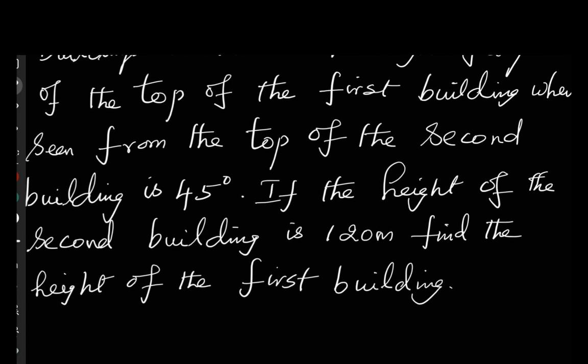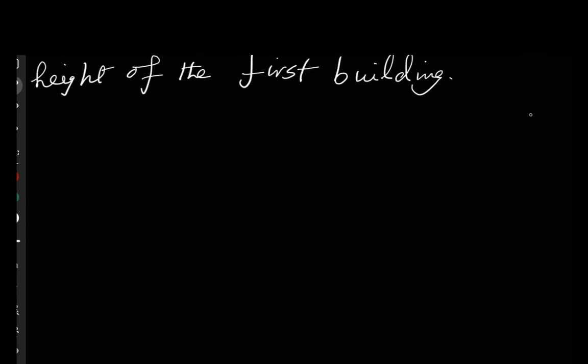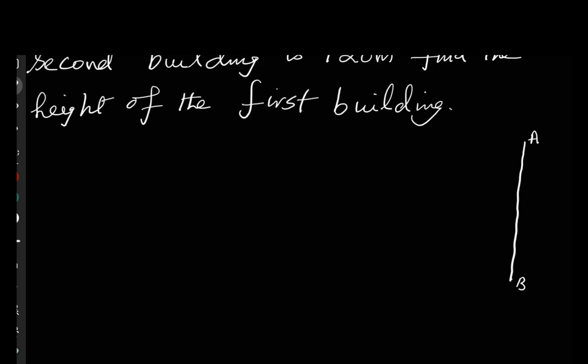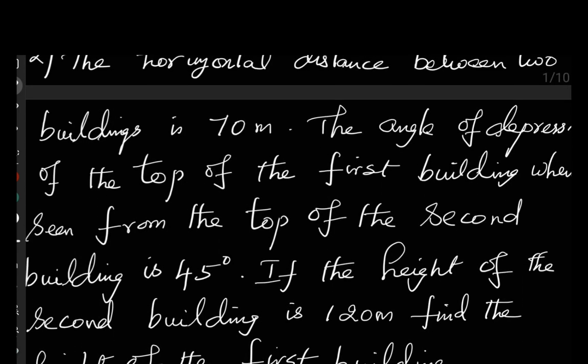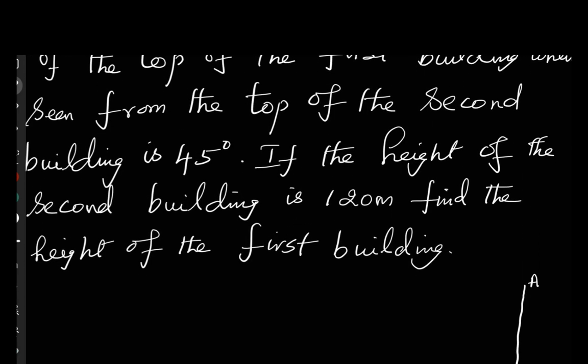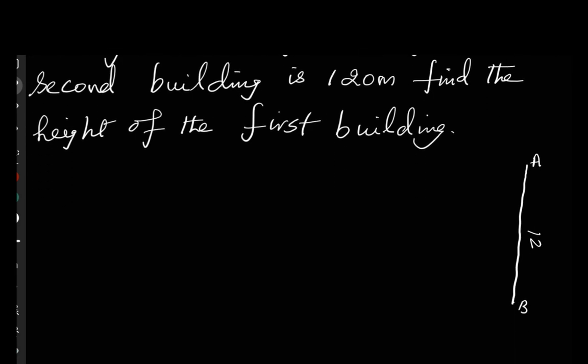Two buildings are here. One is taller and the other one is smaller. Let me mark this taller building as AB, whose height is given as 120 meter. The other one is smaller than this.